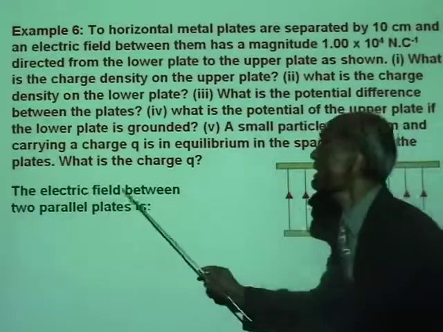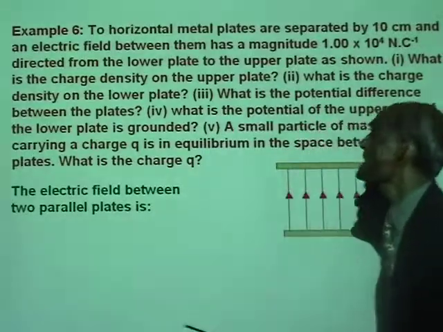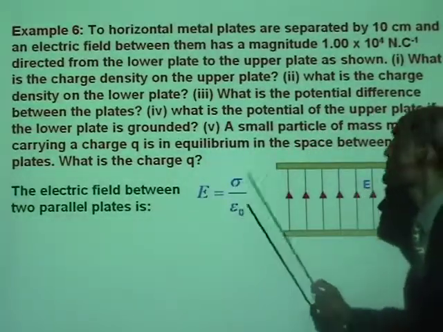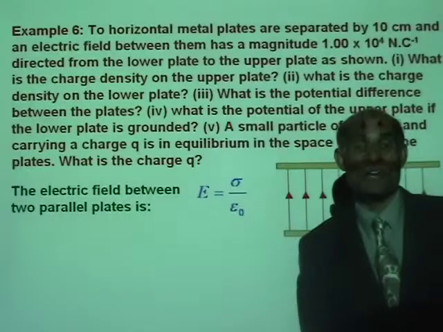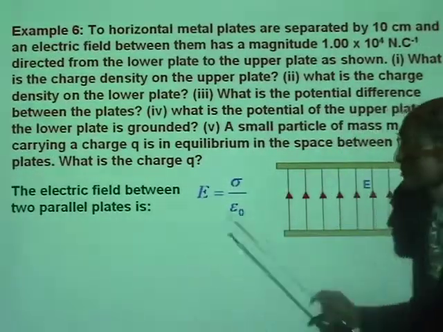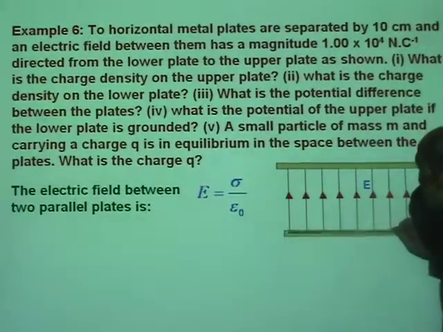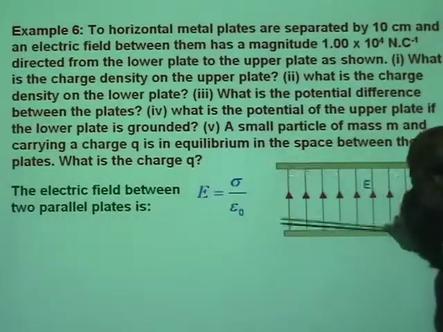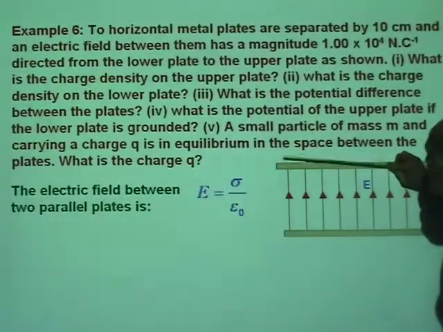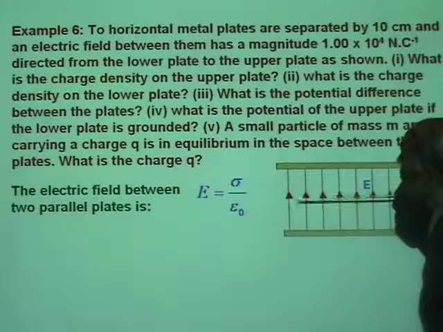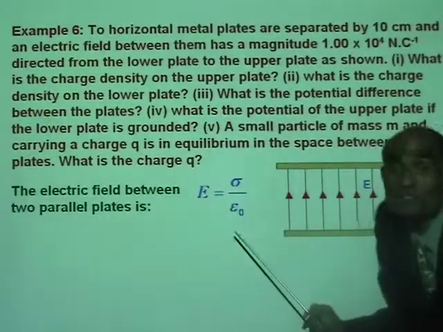Well, the electric field between the two plates is E equal to sigma over epsilon naught. I hope you remember that one. We discussed that earlier. If you've got two metal plates, one positive, this is positive, that is negative, each will produce a field of sigma over 2 epsilon naught.